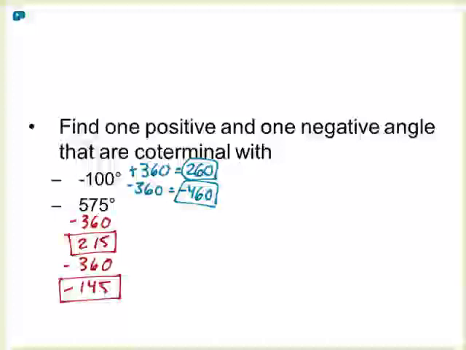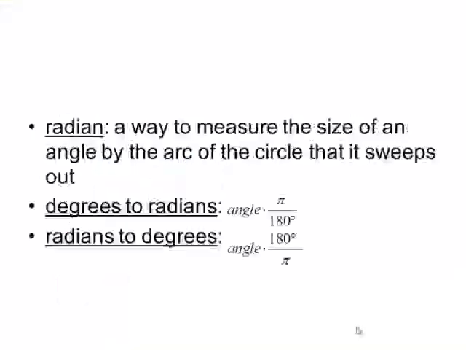You could have started by adding a 360 to 575, and that would be a correct positive solution as well. But you still need a negative solution, so you would still have to subtract your way down to negative 145. Is it 55? No, it's 45.